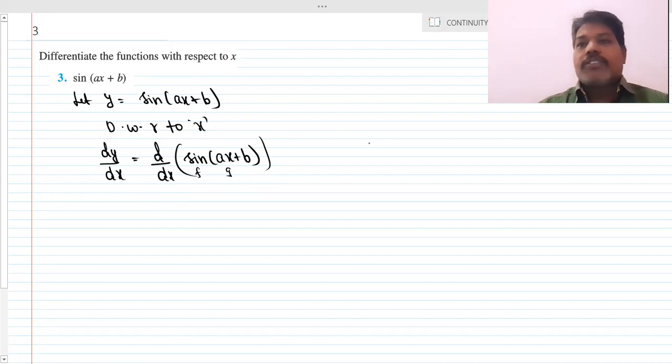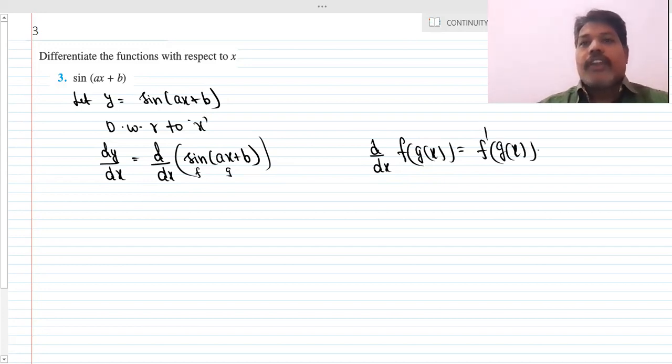So what is the formula once again? The derivative of f of g of x is f dash of g of x into g dash of x.